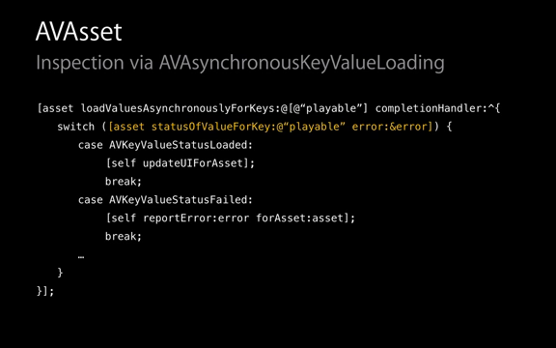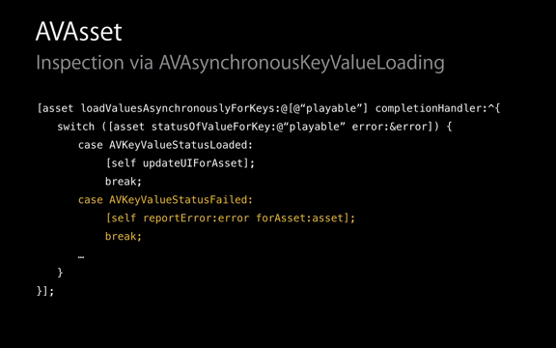Sometimes things go wrong, like if you're relying on the network resource and your user device goes out of range, asset loading can fail. So this is a good place to check for such errors. Once you get the status, you can see if it's already loaded, and then you can update your UI for the asset, or if there's a failure, you can report an appropriate error to your end user.